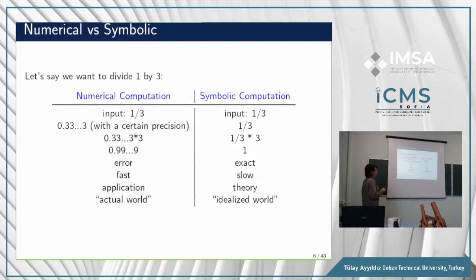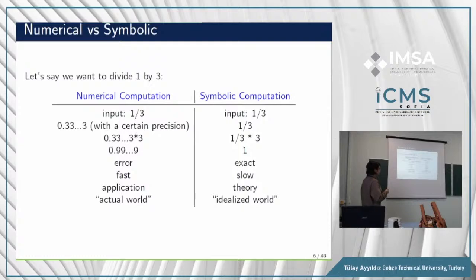But if you have 1/3, the symbolic computation will give you 1 exactly. So there's no error in the symbolic computation. It's basically what you're doing by hand, but you just get the computer to do what you would do by hand. So the numerical computation has some error here, and the symbolic one is exact.